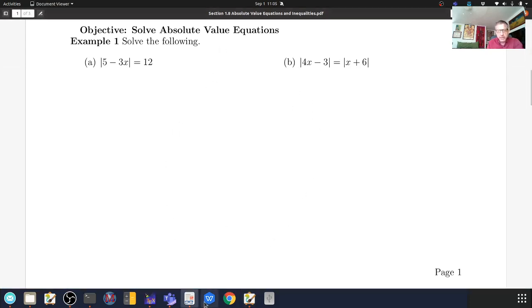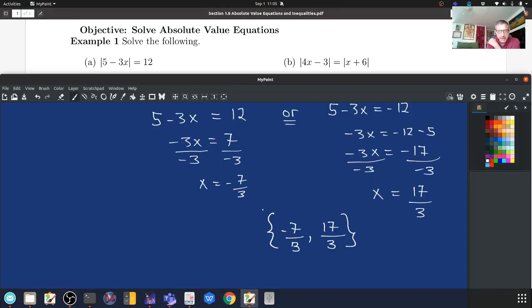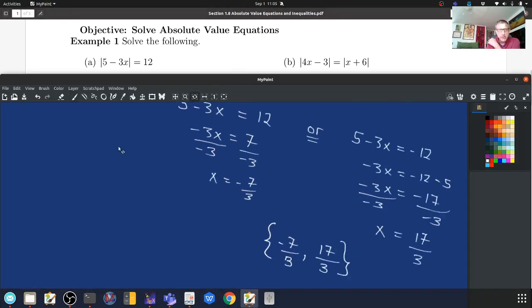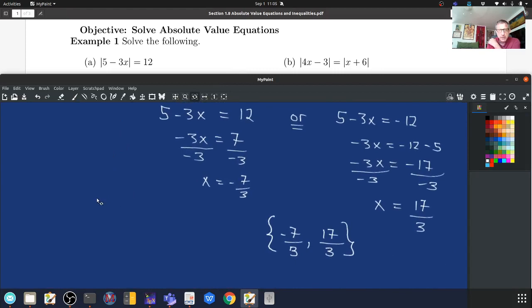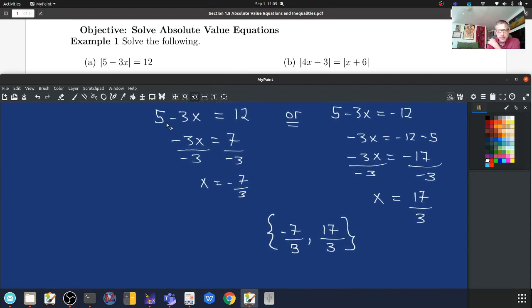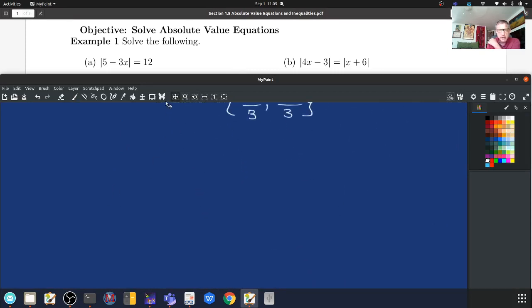For the next one, we're going to do this one. Well, this one, problem number B, uses row number 2.